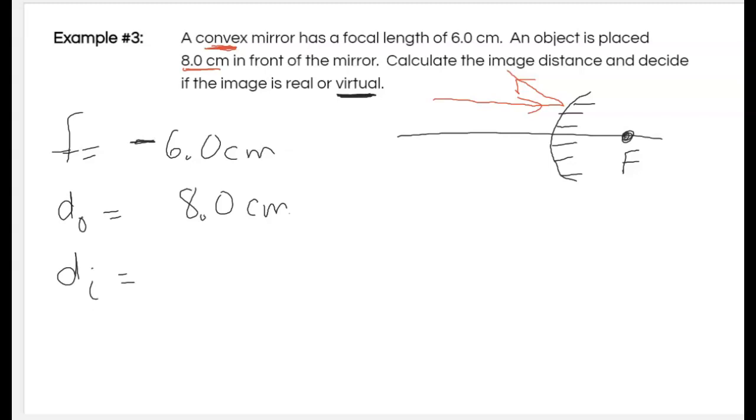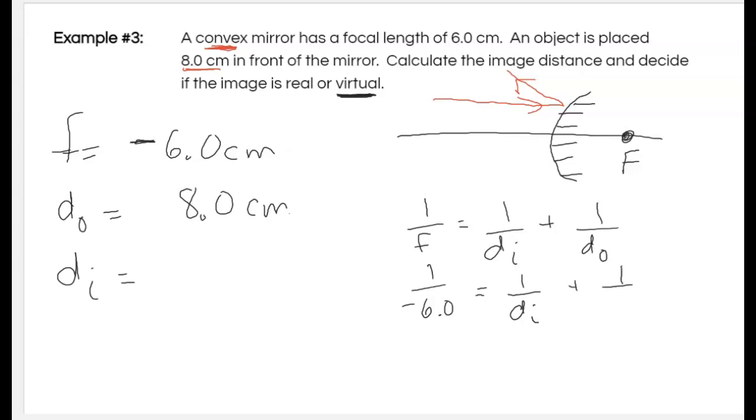So let me go ahead and start to solve this by setting up my analysis. 1 over f is equal to 1 over d_i plus 1 over d_o. So 1 over negative 6.0. I'm going to type that into my calculator the same as I always would, but I just need to put a negative in front of the value. So 1 over d_i plus 1 over 8.0.